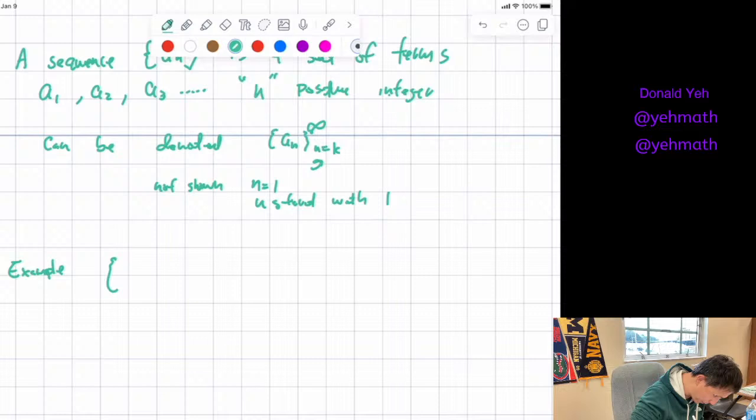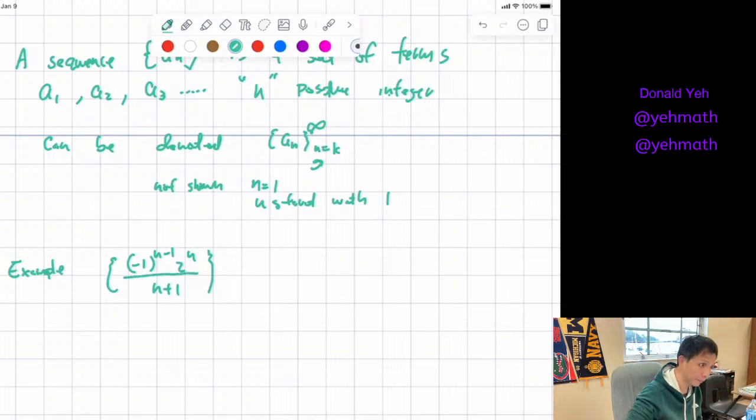Can you write our first 5 terms for this one? That means at the bottom, if it's not shown, n equals 1 and starts with 1.